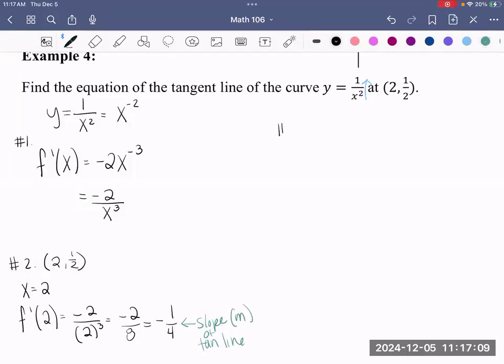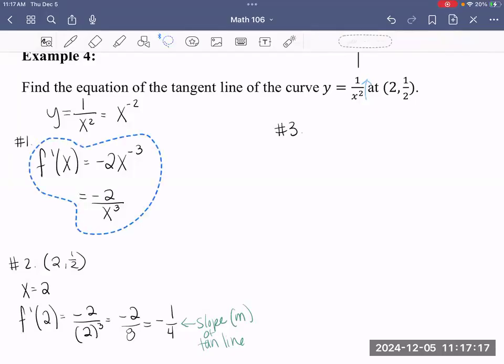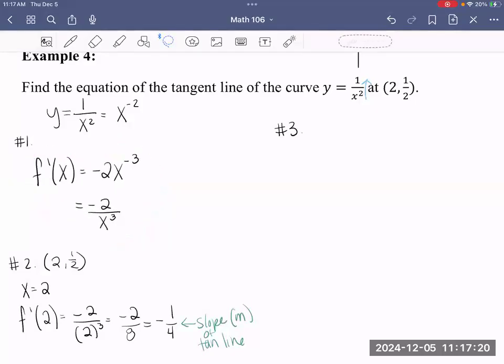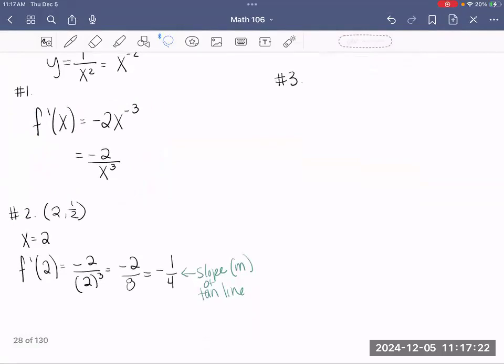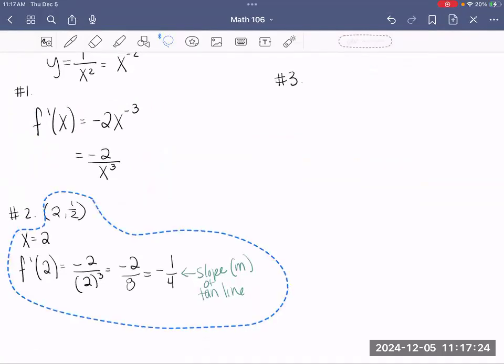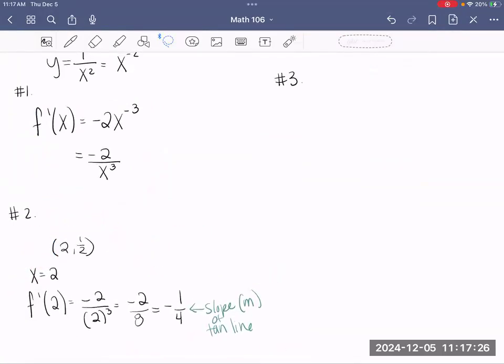Step 3, we have your slope and your point. So make an equation. And if we need, at the very end, I can go through it one more time step by step. So step 3, you have m. You have your point. Let's go ahead and make the equation.